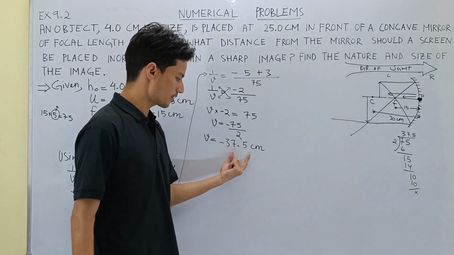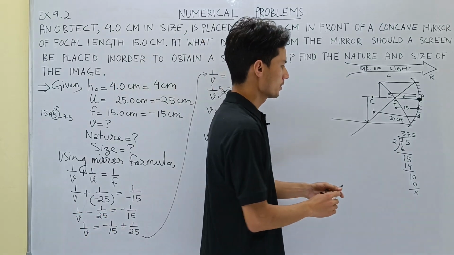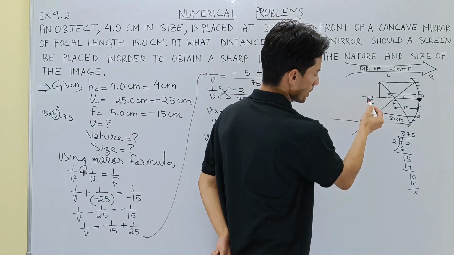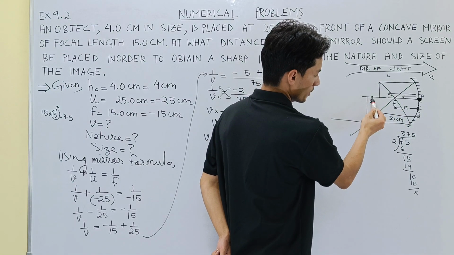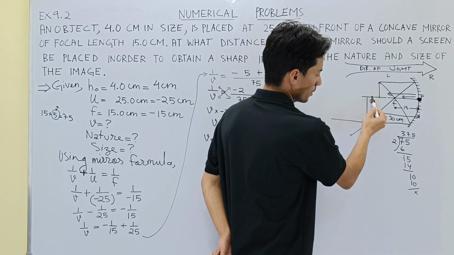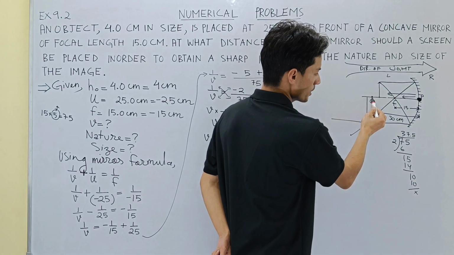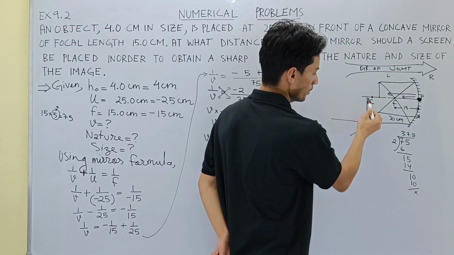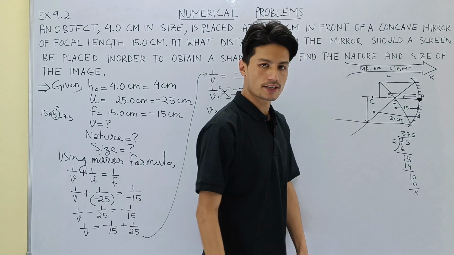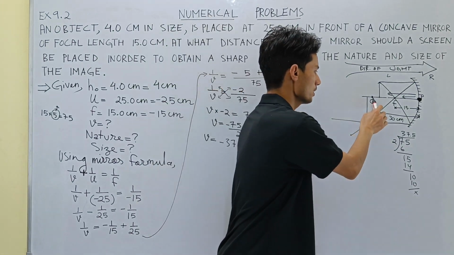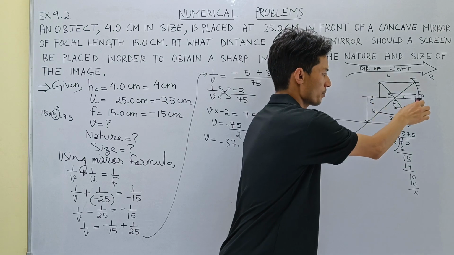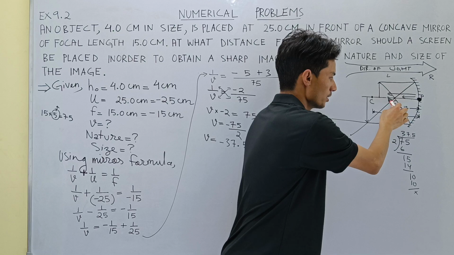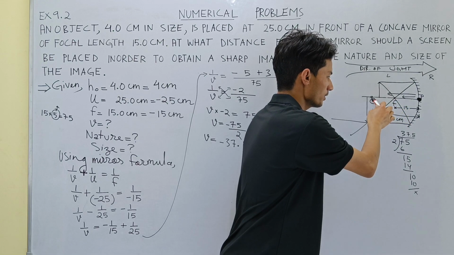First let us verify the value 37. Now look here, the image on the ray diagram is from here. Now tell me, at what value is this point? This value is at 30 centimeter, is it not? And this one we are getting to be 37. So is this correct? Yes, it is correct. We are measuring from here 0, then 5, 10, 15, 20, 25, 30, and like that 37 it goes on.